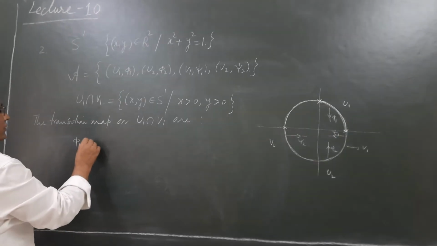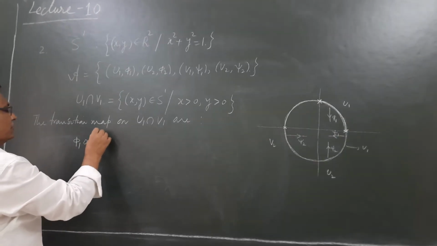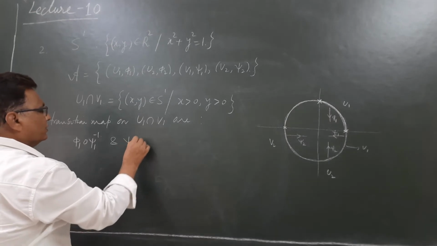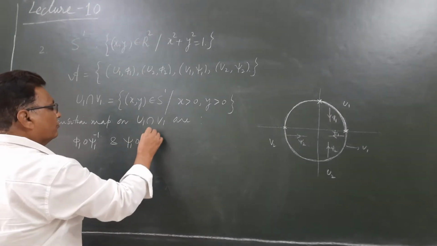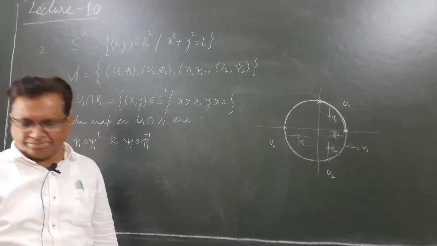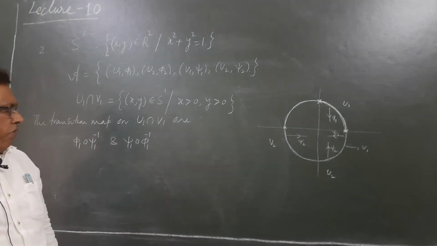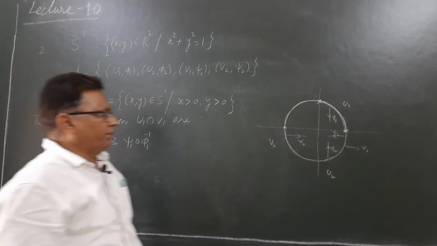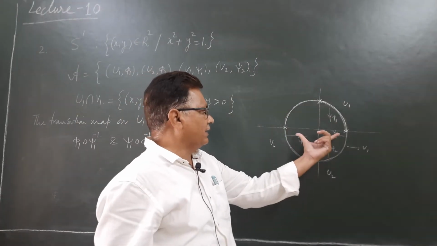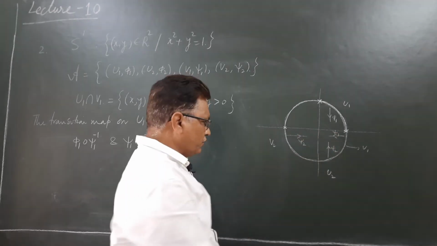So one is phi 1 composition psi 1 inverse and the other is psi 1 composition phi 1 inverse. And these are maps from what to what? U1 intersection V1. When you map U1 through phi 1, you land on the interval -1 to 1, right?